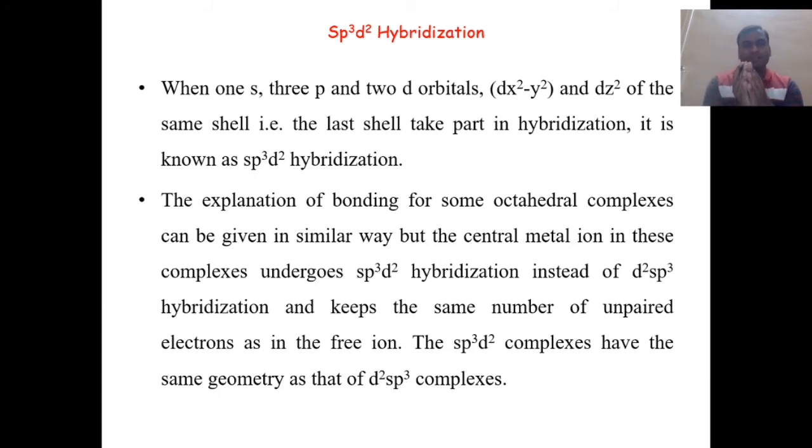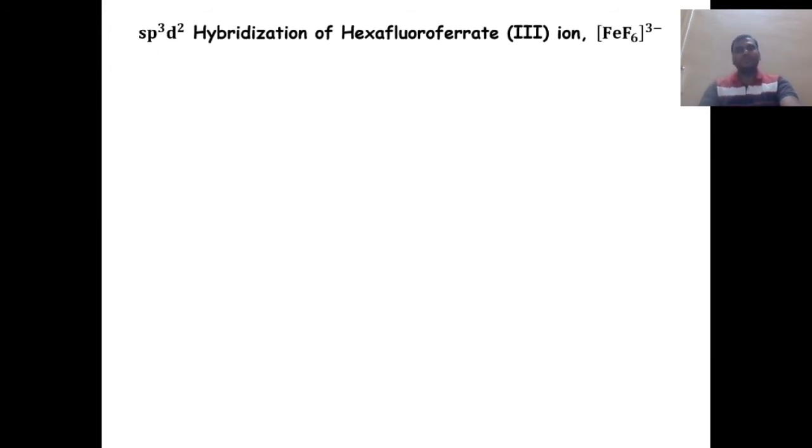So whether we get sp3d2 or d2sp3, the geometry of the complex is the same, octahedral. The only difference is in the d orbitals used. Whenever d2sp3 hybridization takes place, the d orbitals of the n minus 1 shell of that metal are used, but whenever sp3d2 hybridization takes place, the last shell, the same shell, takes part in hybridization. Now we will see some other examples of sp3d2.